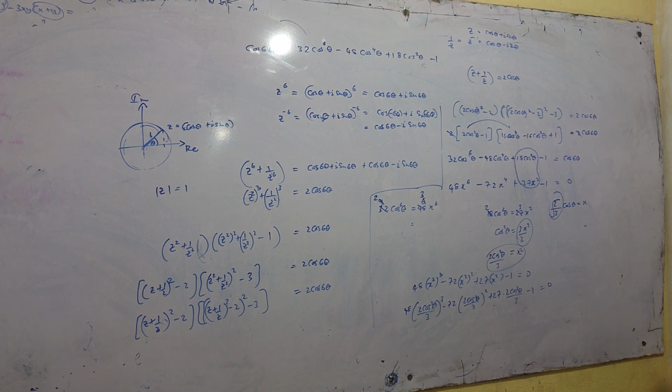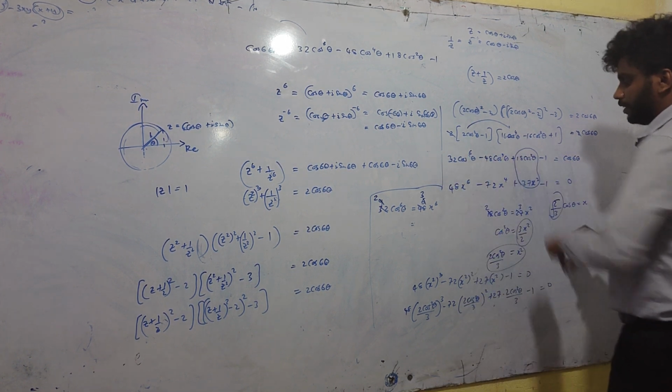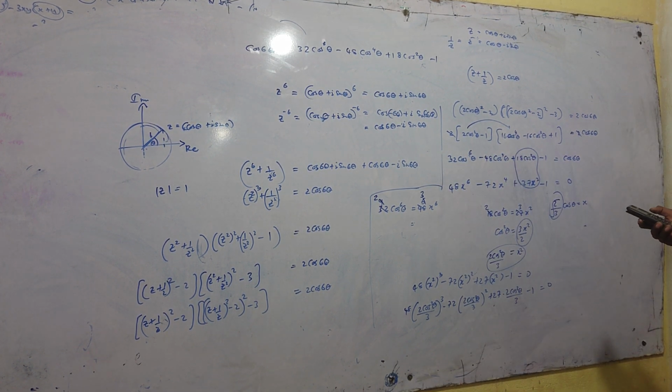The ratio between these corresponding coefficients is always a constant. 72 over 48 is also 3 over 2, right? And 27 over 18 is also 3 over 2, right? So what can we say?